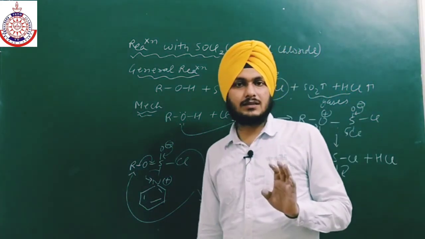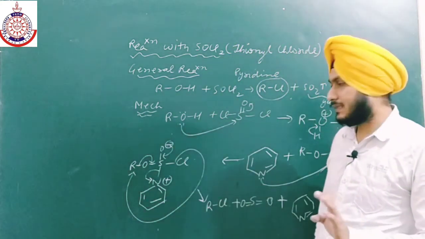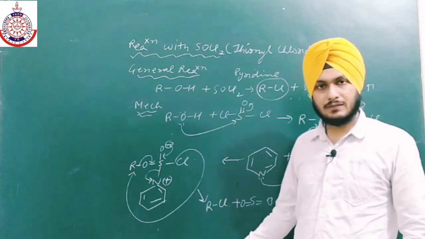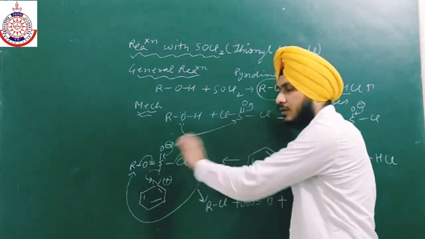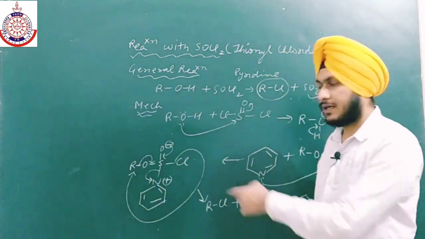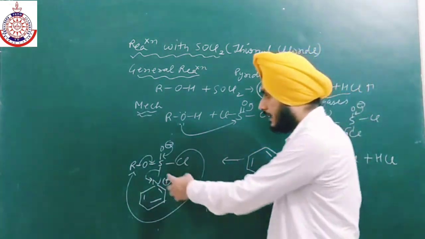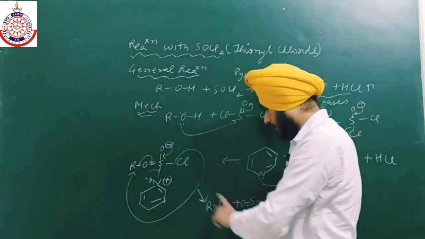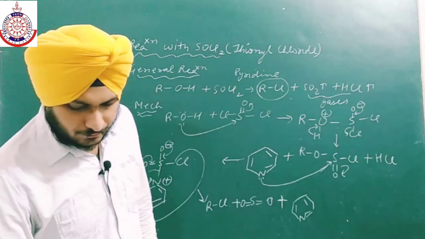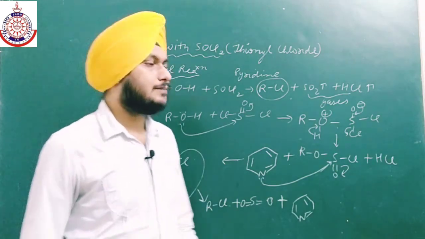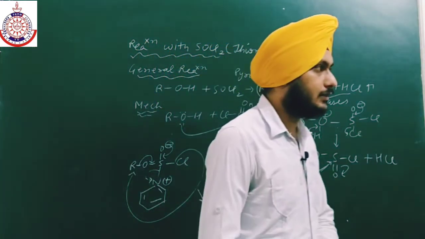In all the other reactions we have seen that the Cl negative first leaves and then attacks on R. But in this case there is intramolecular nucleophilic attack, and this bond will shift over here and we will get SO2 and the catalyst will leave. Okay, so this is the whole mechanism of this particular reaction.